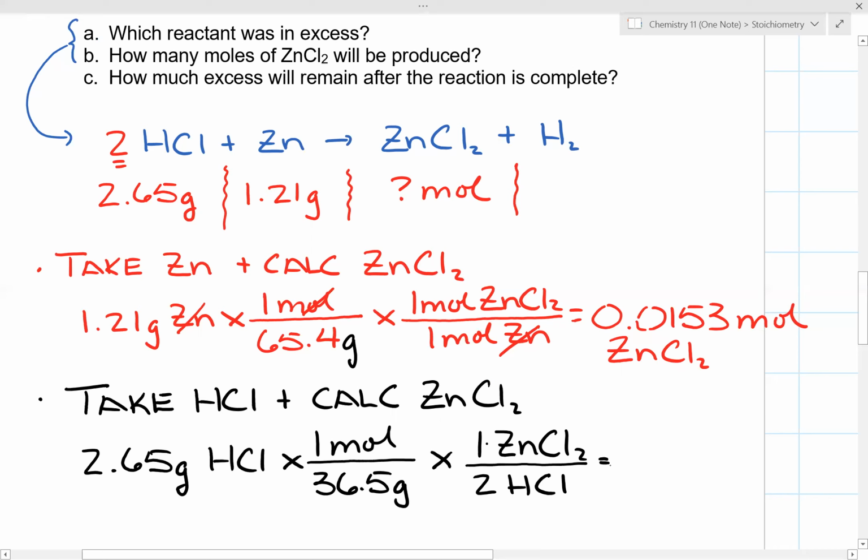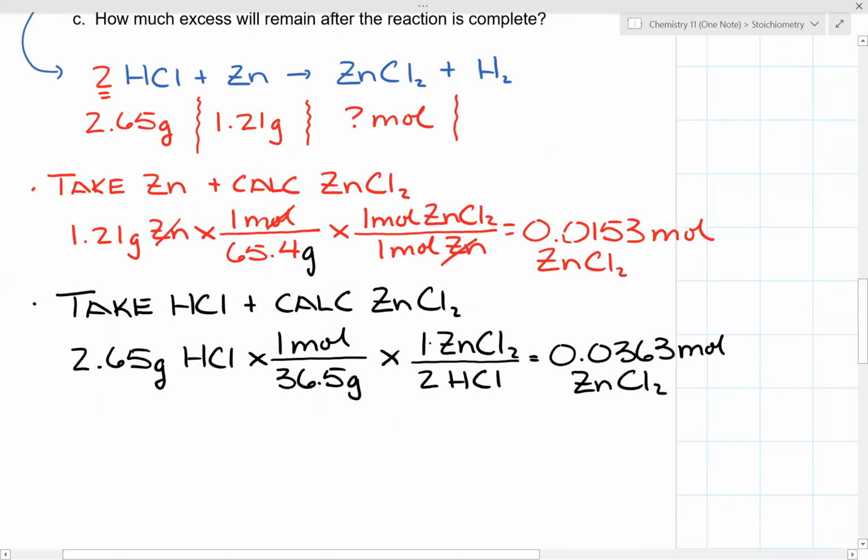So 2.65 divided by 36.5, and then divided by 2, gives you 0.0363 moles of zinc chloride.